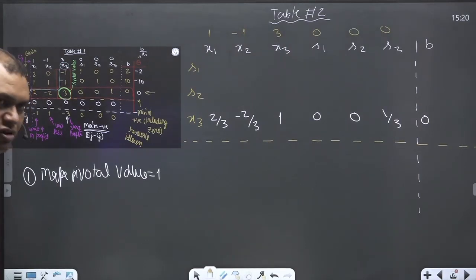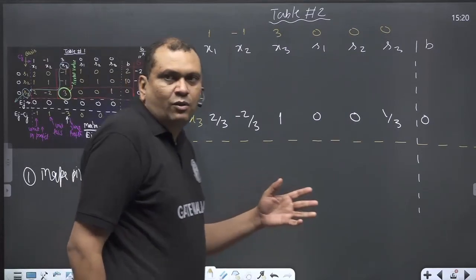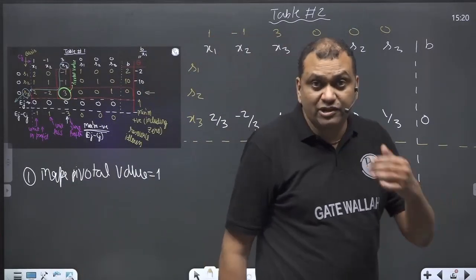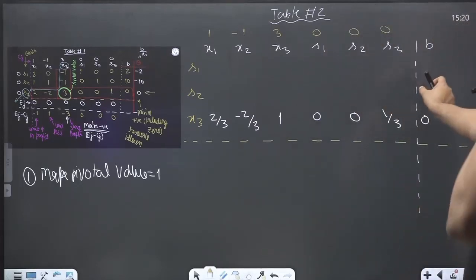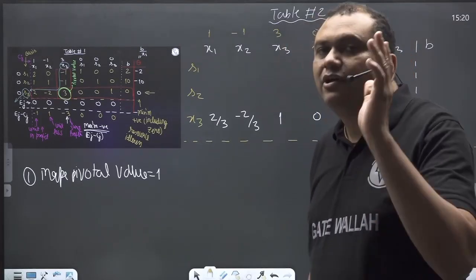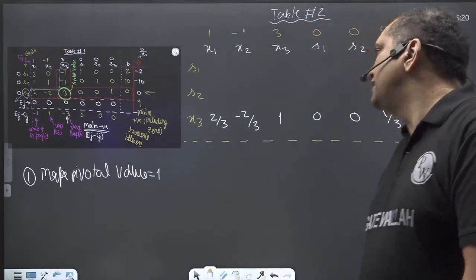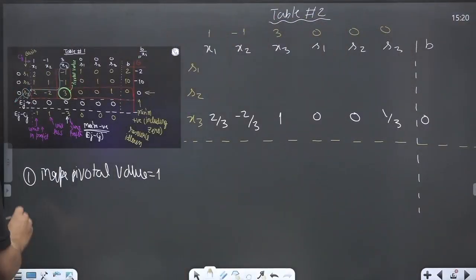Whatever row operations you are doing, you have to do in the B matrix also. So make the pivotal value equal to 1.